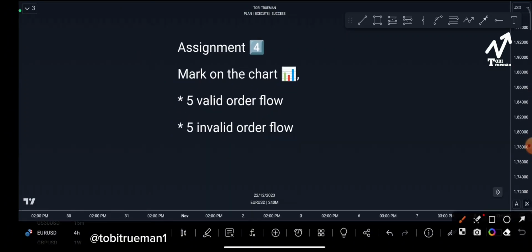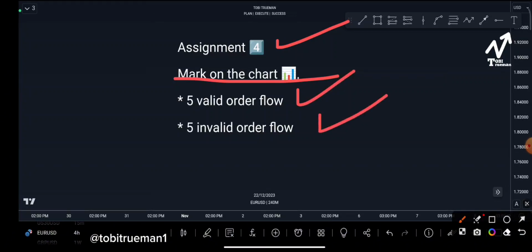As we normally do, this is our fourth assignment. Mark on the chart 5 valid order flows and 5 invalid order flows. A valid order flow is an order flow that has not been tapped when the candle broke it. The next candle that formed after the candle that broke the order flow did not tap on it.